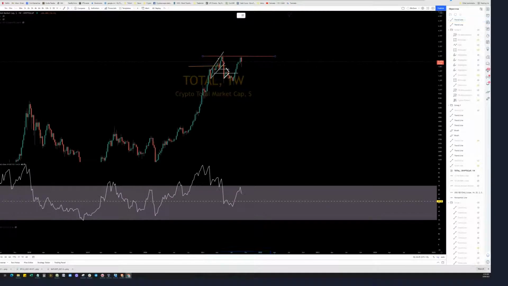I'm just going to have a guess at that. That's the top there, and that's the top there. So we're going to put a straight line like that. And it could be possible that we're going to have a bit of a pullback from what I'm seeing there.